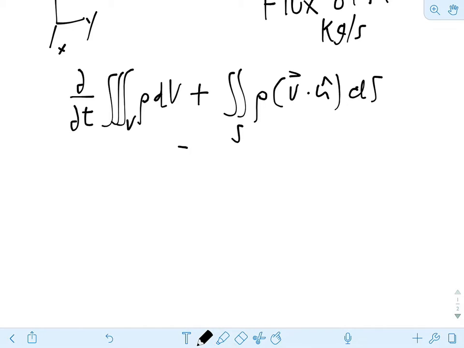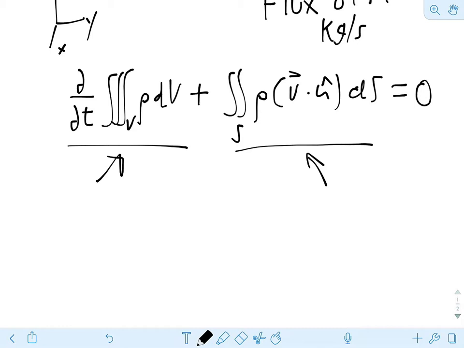So this is the time rate of change of the mass, and this is the flux out of the surface. We can put that on the other side of the equation if we want to, make it equal to minus this term. But this accounts for exchanges of mass through the surface. This is changes of mass within the volume, and those two things have to be equal. And that's a traditional expression of the integral form of the continuity equation for any fluid in 3 dimensions, or n dimensions.